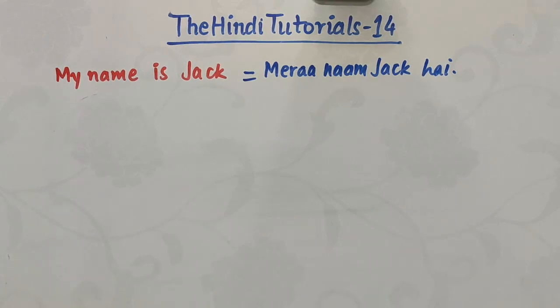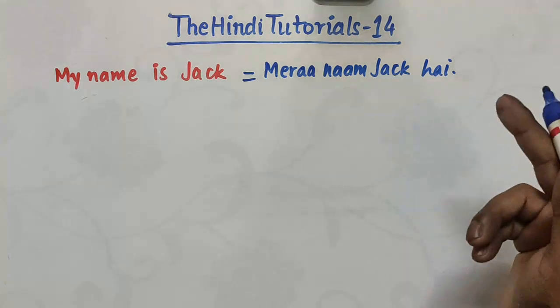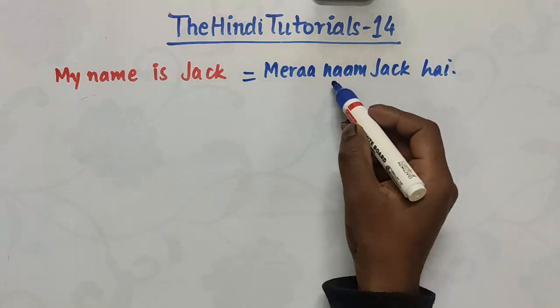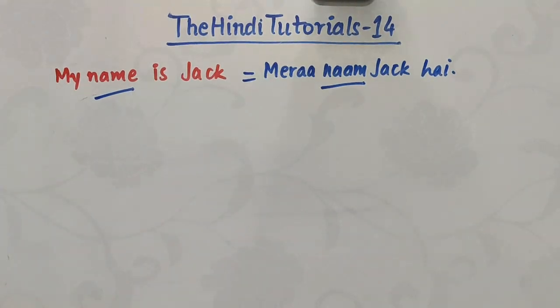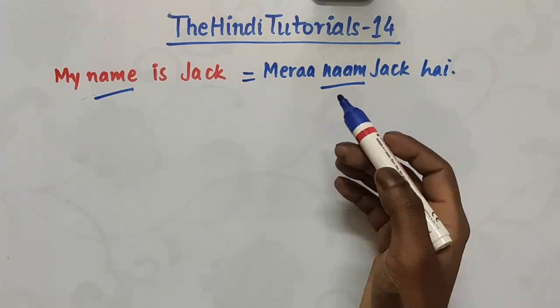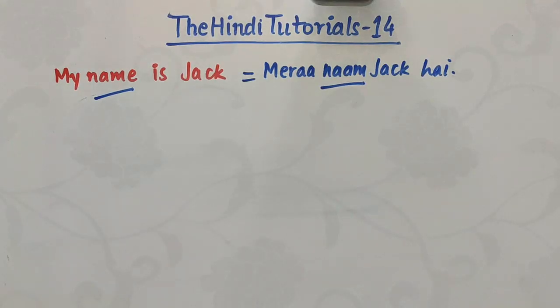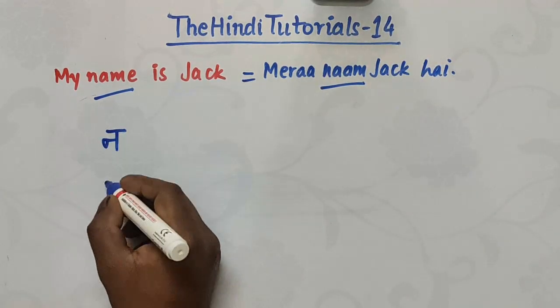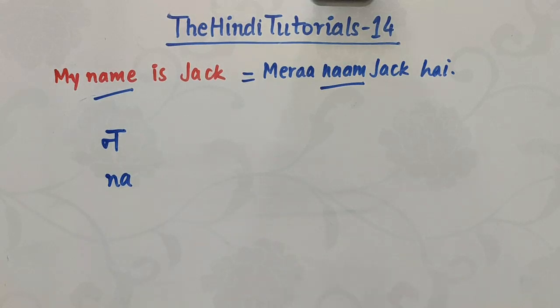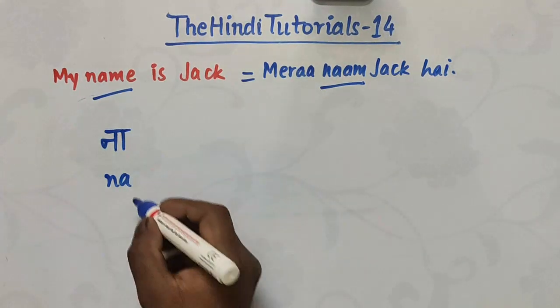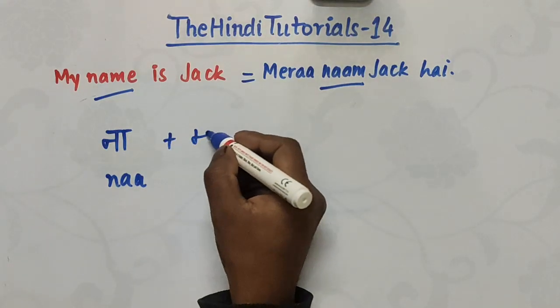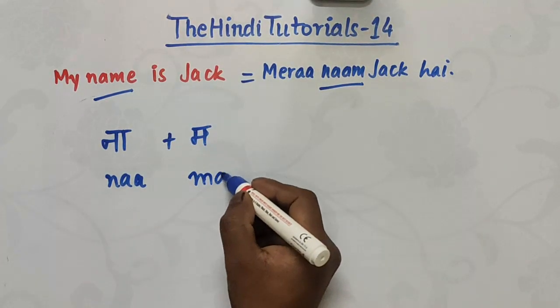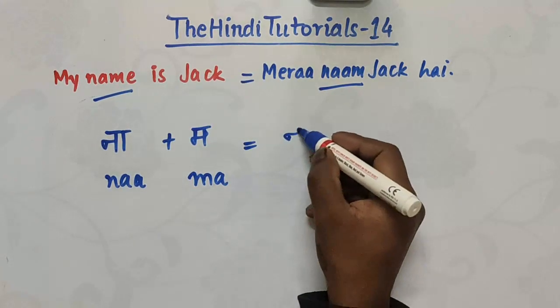We already know how to say my name is Jack in Hindi. Mera naam Jack hai. In this sentence, the word naam means name. Now we are going to write this word naam. We know that this is Na. Now this becomes Naa. If we add M to it, it becomes Naam.